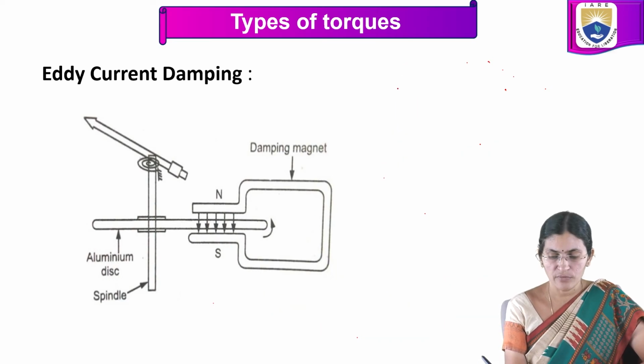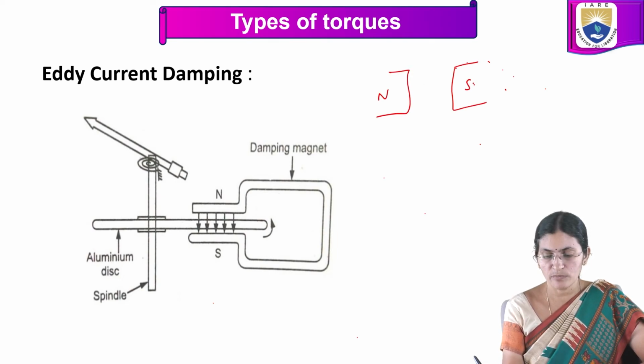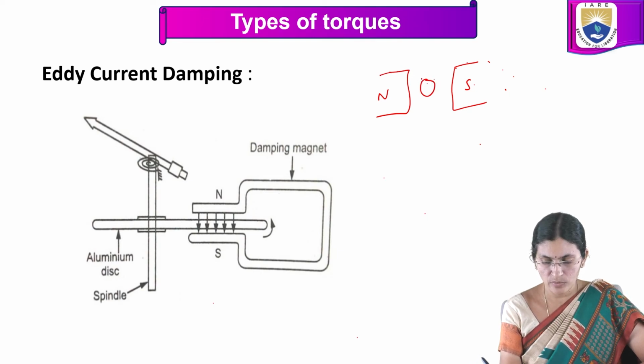First one, metal former. In metal former we have permanent magnets. There is an iron core. Above this we have an aluminum former.